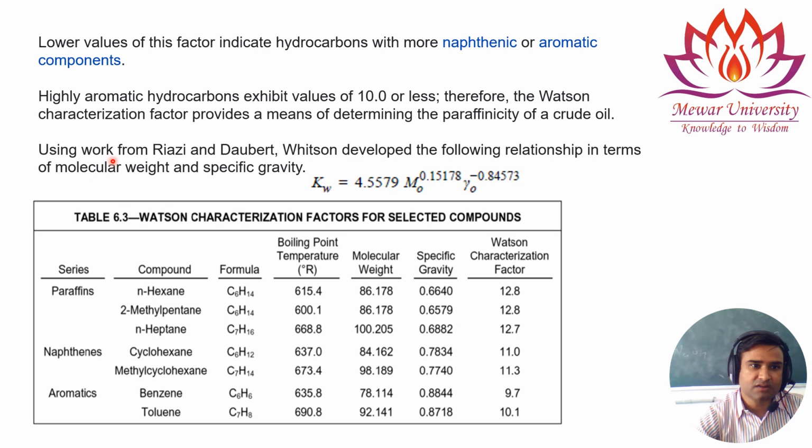So using work from Riazi and Daubert, who were also scientists working on crude oil characterization, and Whitson, all three developed a relationship between molecular weight and specific gravity, that is 4.5579 times molecular weight to the power 0.15178, times specific gravity to the power minus 0.84573.